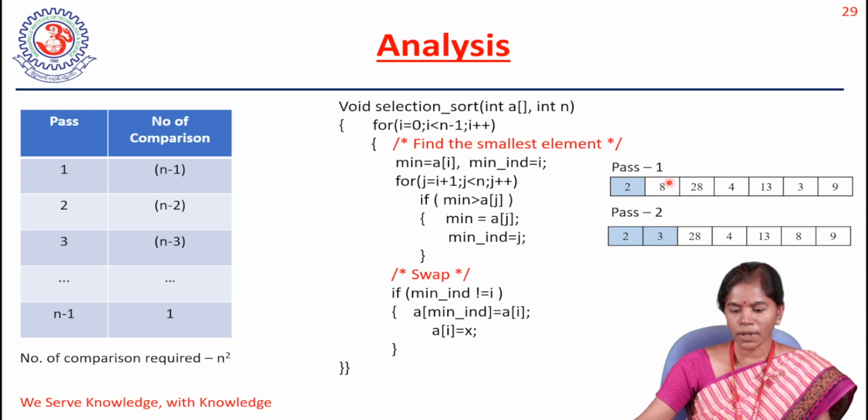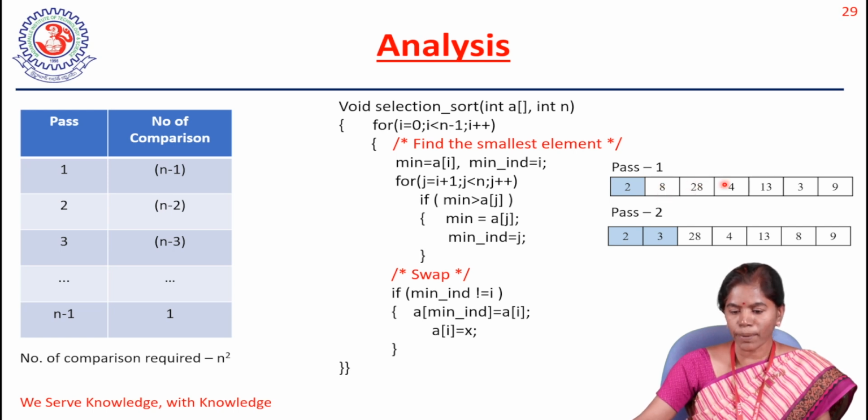The first element is compared with 6 elements to find the smallest. So if there are n elements, the first element will be compared with the remaining n minus 1 elements to find the smallest element. So in the first pass, the number of comparisons required is n minus 1. In the second pass, we take the second element. You can see here 8 is the second element.